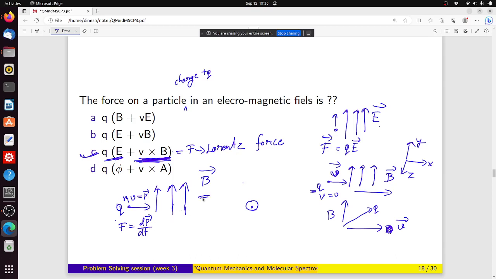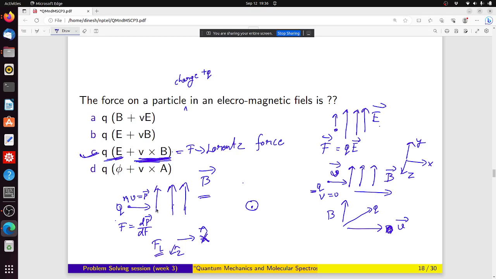Due to this magnetic field, it will feel a Lorentz force in the z direction. It was already in x direction, now it will feel a force in z direction. So how will it move?